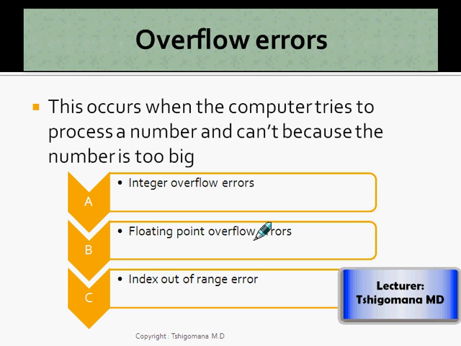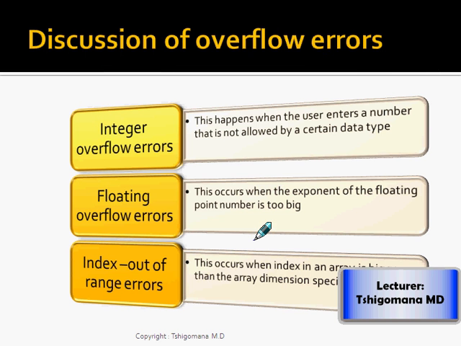Examples of overflow errors: we have integer overflow errors, we have floating point overflow errors, we have index out of range errors. Let us discuss overflow errors. Integer overflow errors happen when the user enters a number that is not allowed by a certain data type.